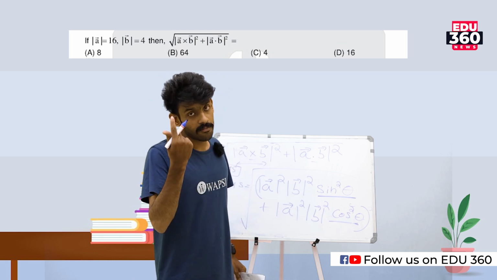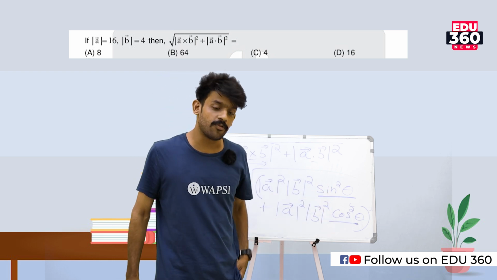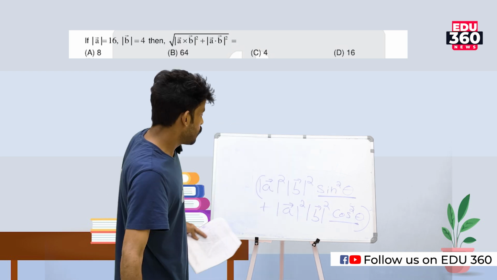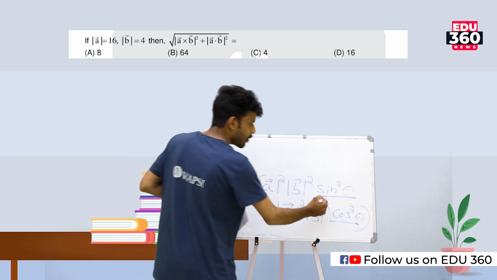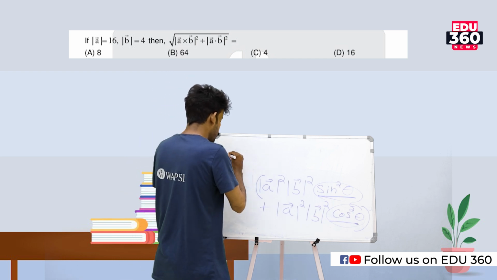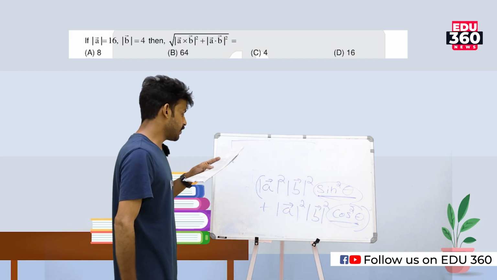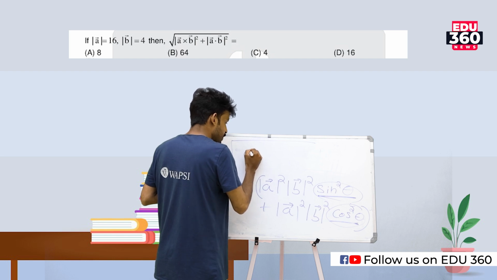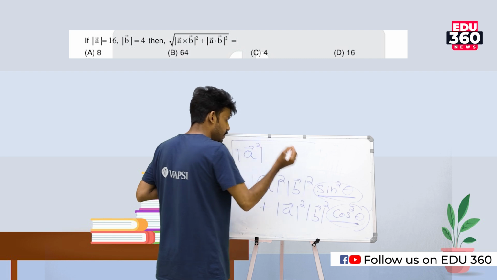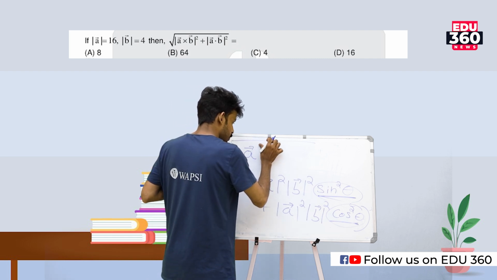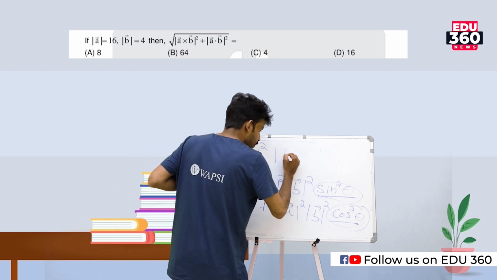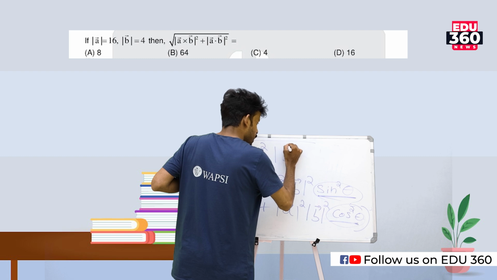From the trigonometric identity, sine square theta plus cos square theta has the value 1. So in the next step we can write the root of modulus of A vector the whole square into modulus of B vector the whole square.